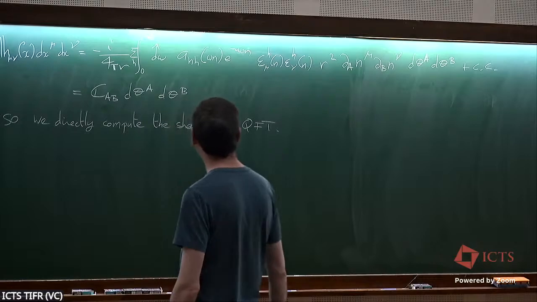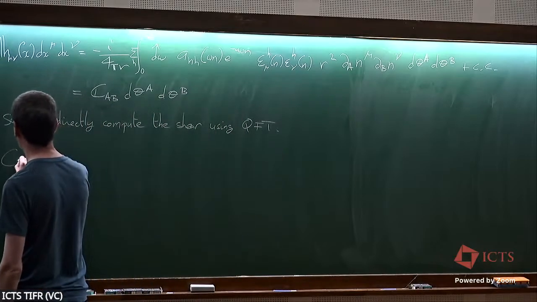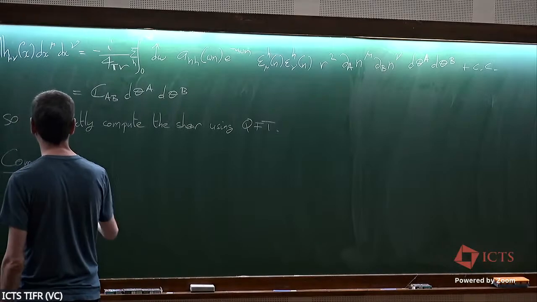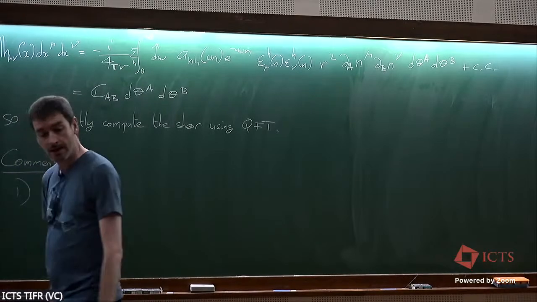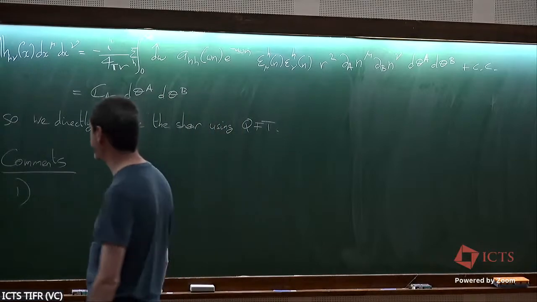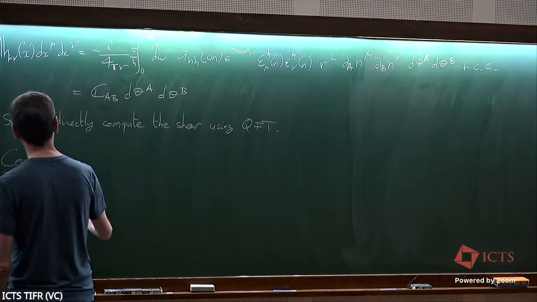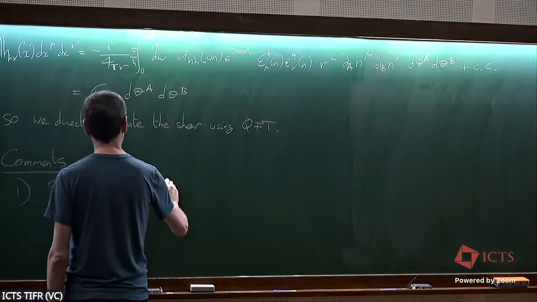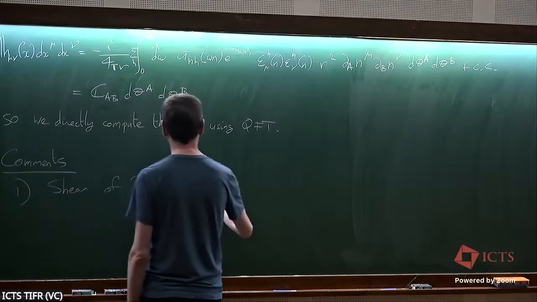Okay, some more comments. Now, the shear of Schwarzschild in its rest frame is always 0. The classical shear. I'm thinking of the classical Schwarzschild metric.